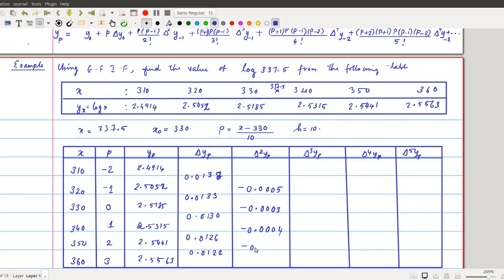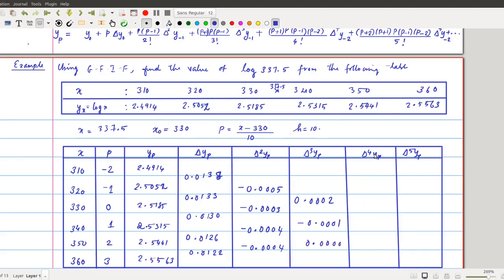This is again negative 0.0004. Okay, so these are the second order differences, and the third order differences will be the difference between these two: 0.0002, and between these minus 0.0001, and the difference between these two is 0.000, because both values are the same.